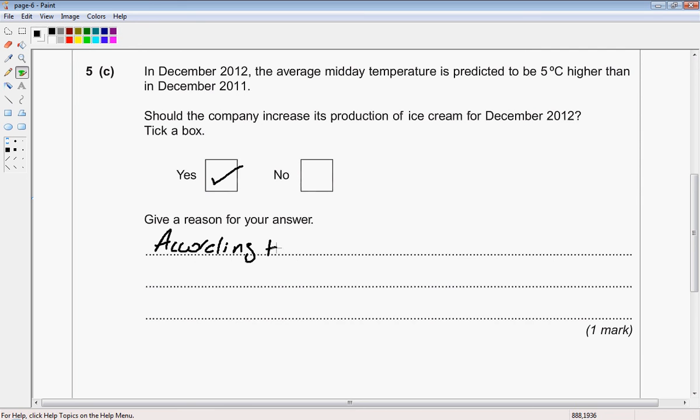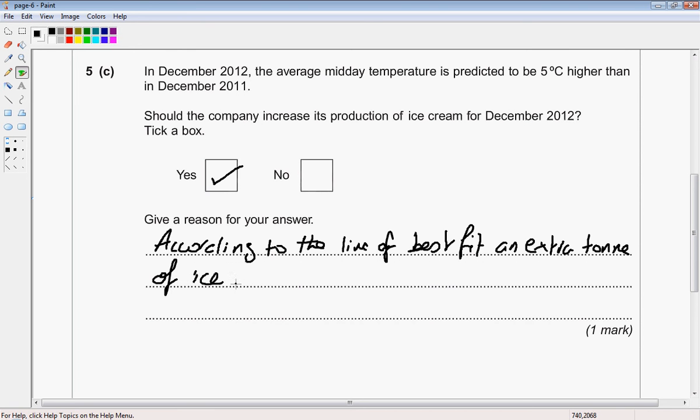I would say according to the line of best fit, an extra ton of ice cream would be needed.